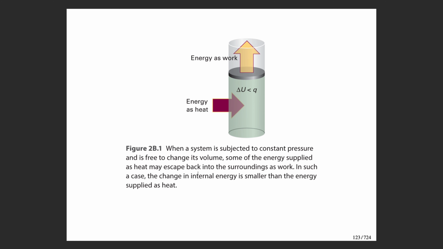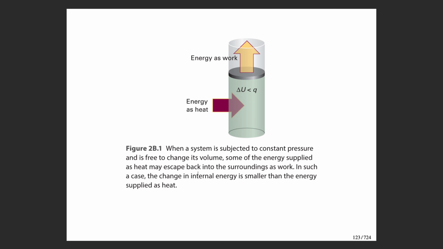energy that's transferred into the system as heat gets split into two parts, essentially. One part goes into changing the internal energy of the system and increasing the temperature. However, another part of the energy goes into expanding the system, right? Now that you have a constant pressure process, the volume of the system will typically get larger if you transfer in some heat.